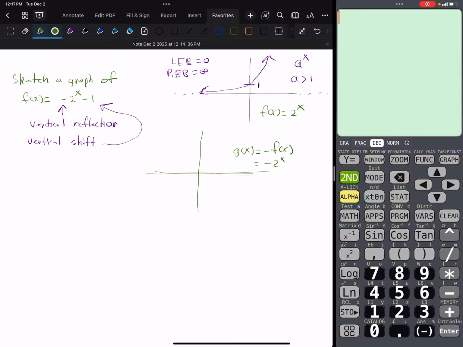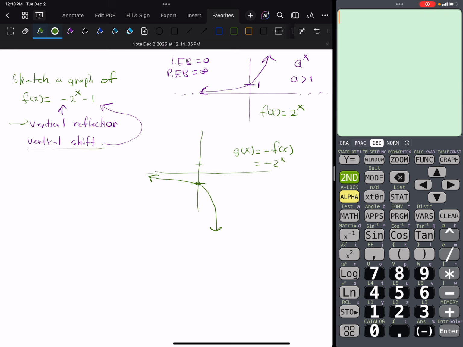And so instead of going through the point (0, 1), it's going to go through the point (0, negative 1). And instead of approaching the horizontal asymptote from above, it's going to approach the horizontal asymptote from below. And instead of going off towards positive infinity, it's going to go off towards negative infinity. Okay, so that takes care of the vertical reflection.